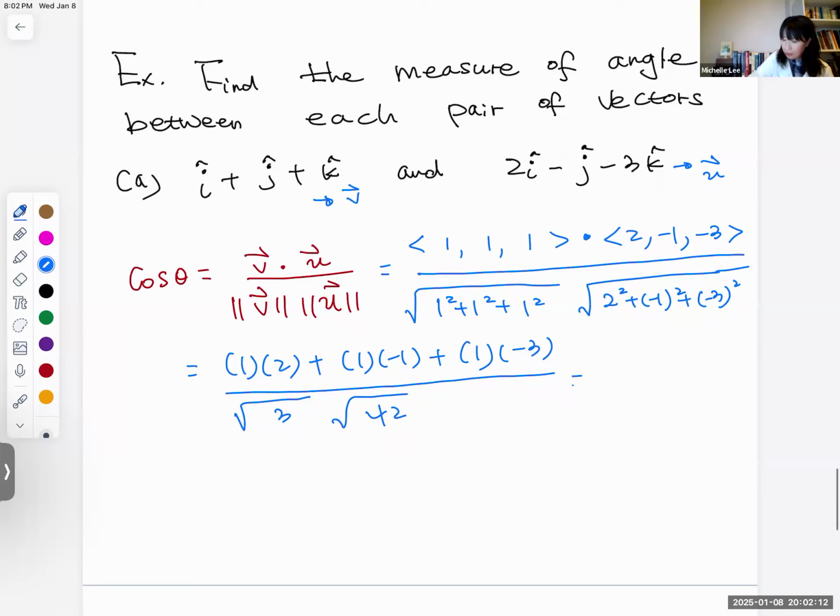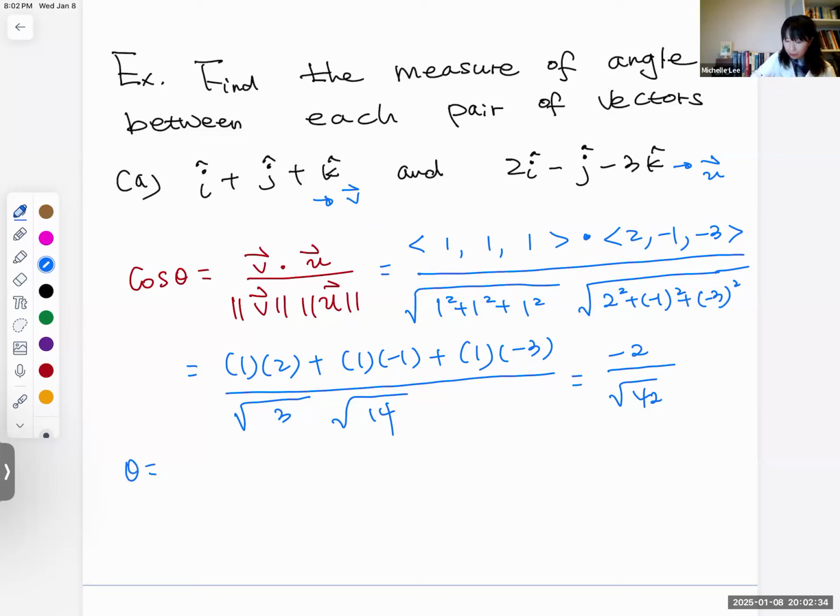So what do you have? So we have a negative 2. Oh, I made a mistake. It's a 14. Thank you for pointing that out. And over square root of 42. Yeah. So how do you find angle theta? The inverse of cosine.